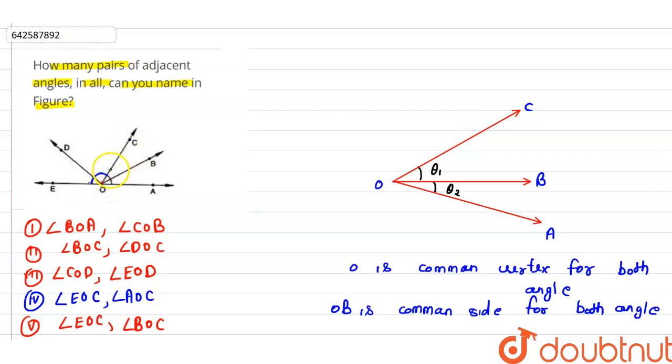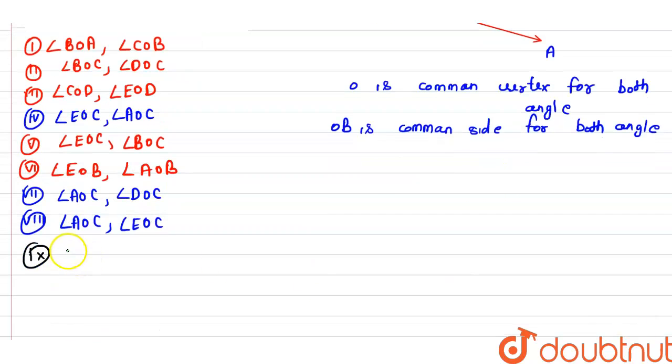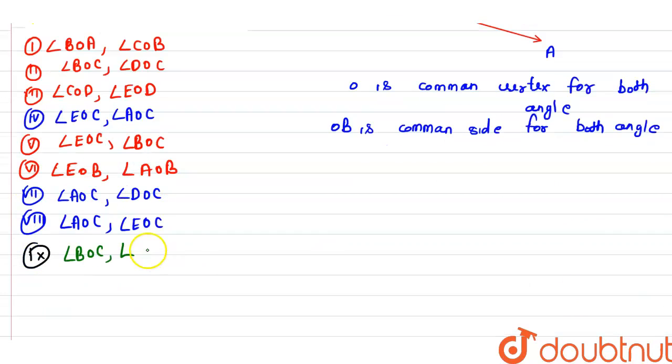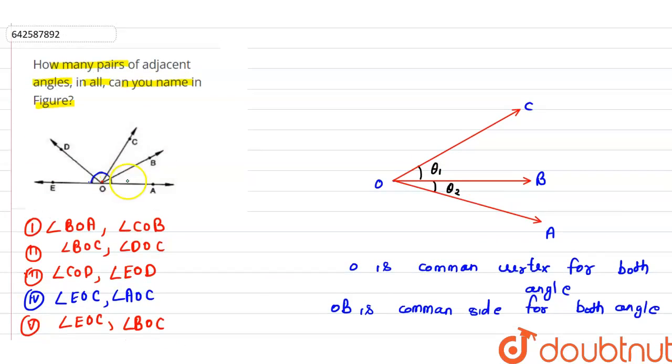So this pair of angles is also an adjacent angle pair, angle BOC and angle EOC.